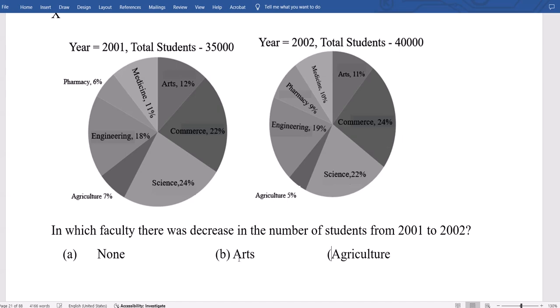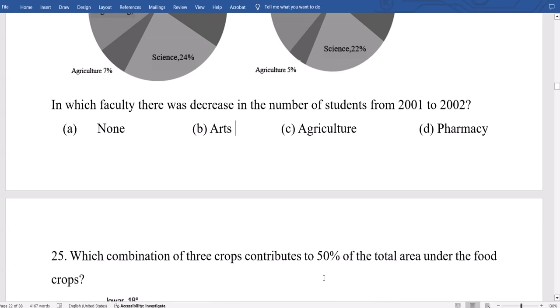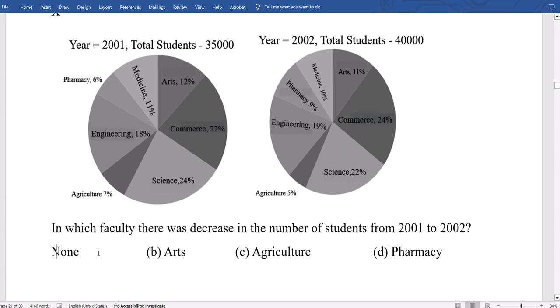Is it arts? Yeah, it's not about percentage. Kindly understand it's not about percentage. Which department? Let's use the options first of all.